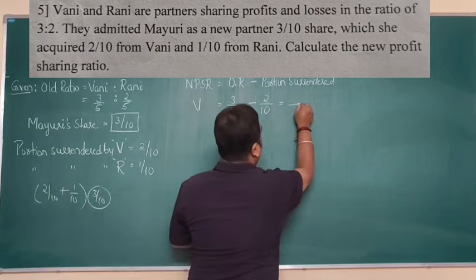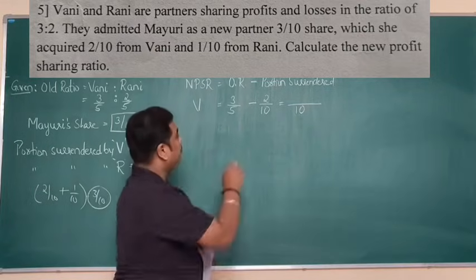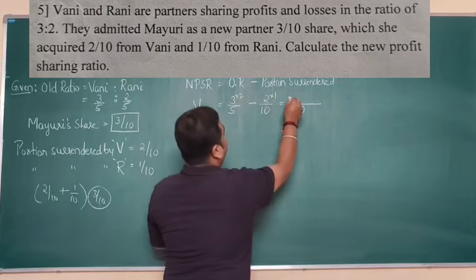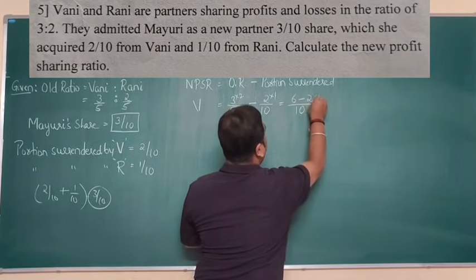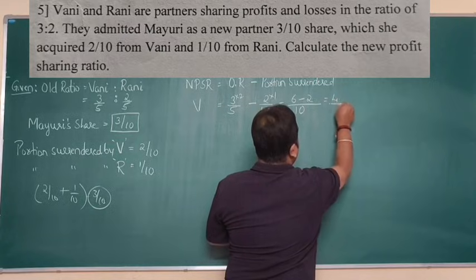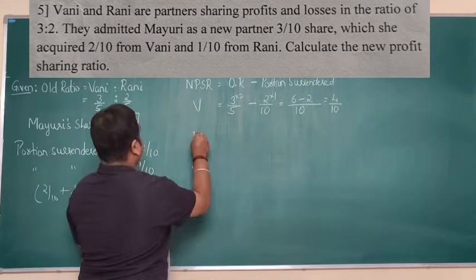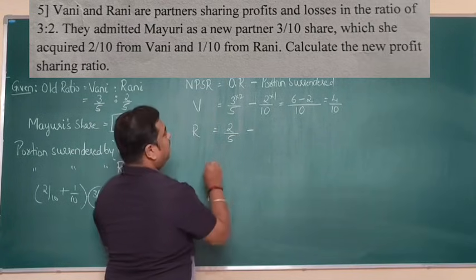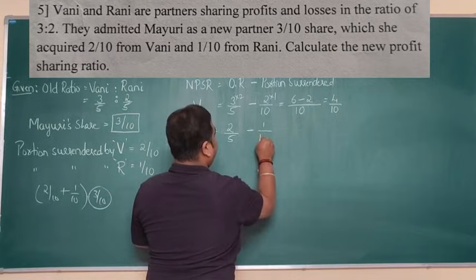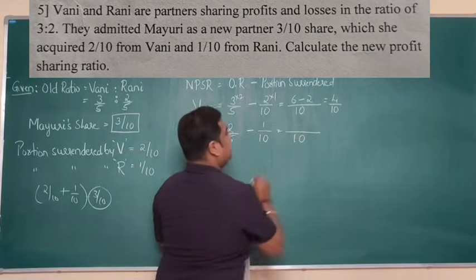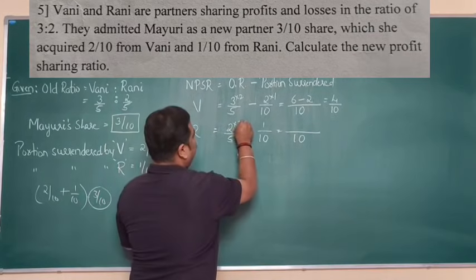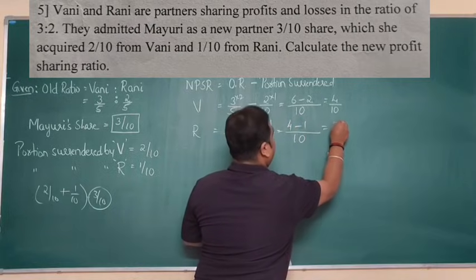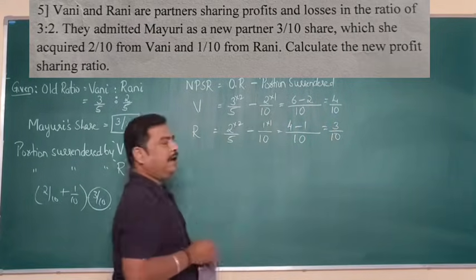Now the LCM of 5 and 10 is 10. 5 2s are 10, 10 1s are 10, 3 2s are 6, minus 2 1s are 2. 6 minus 2 is 4 by 10. Rani, old ratio 2 by 5 minus portion surrendered 1 by 10, LCM 10, 5 2s are 10, 2 2s are 4, 1 1s are 1, 4 minus 1 is 3 by 10.